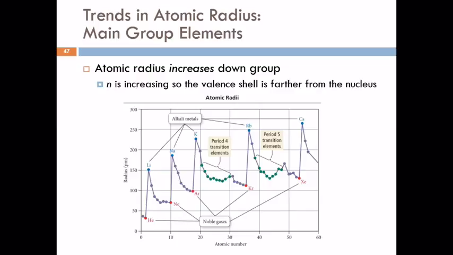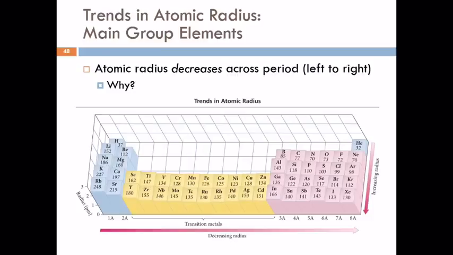And that does not make sense intuitively, because argon has more protons and electrons than sodium does, and yet it's smaller. But there are reasons behind this. Here's another way to look at it. The height of each of these blocks represents the radius. So here's sodium, magnesium, and they're getting smaller as we go across.